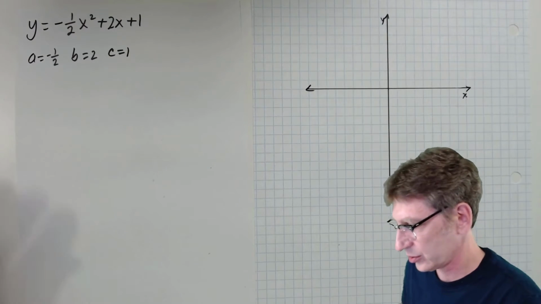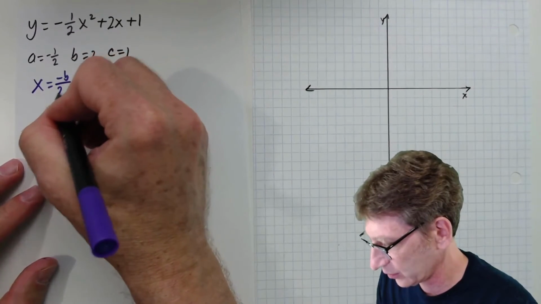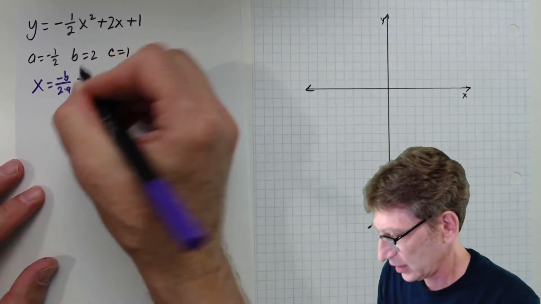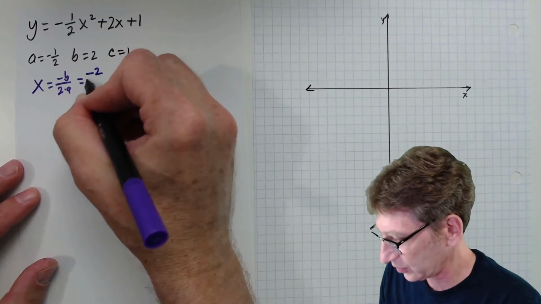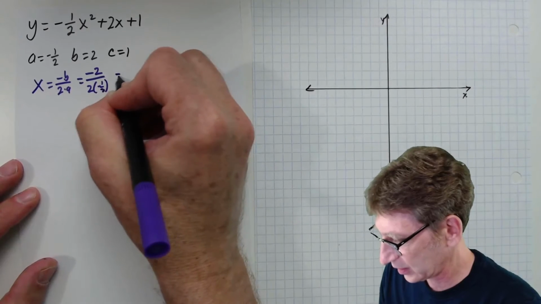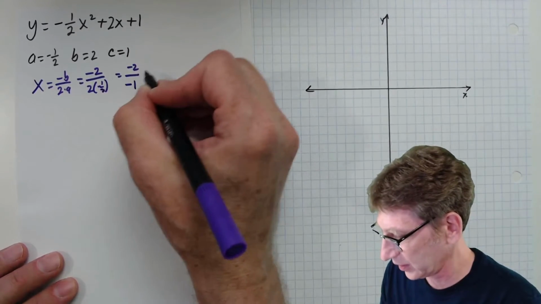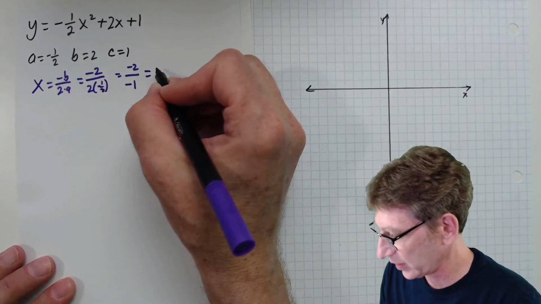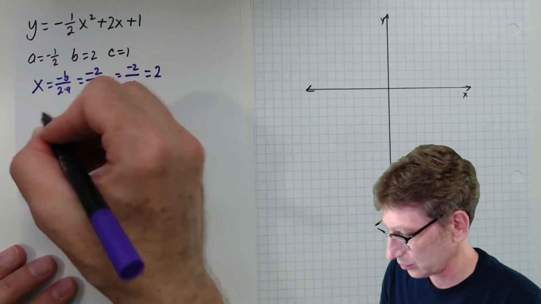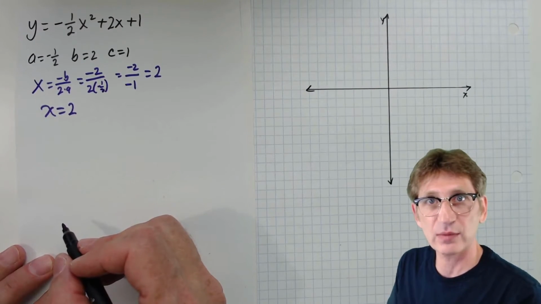Then we go to axis of symmetry. X equals negative b over 2a. Now b is 2, so negative 2 over 2 times negative 1/2. Well, 2 times negative 1/2 is negative 1. Negative 2 divided by negative 1 is 2. So x equals 2 is the axis of symmetry.